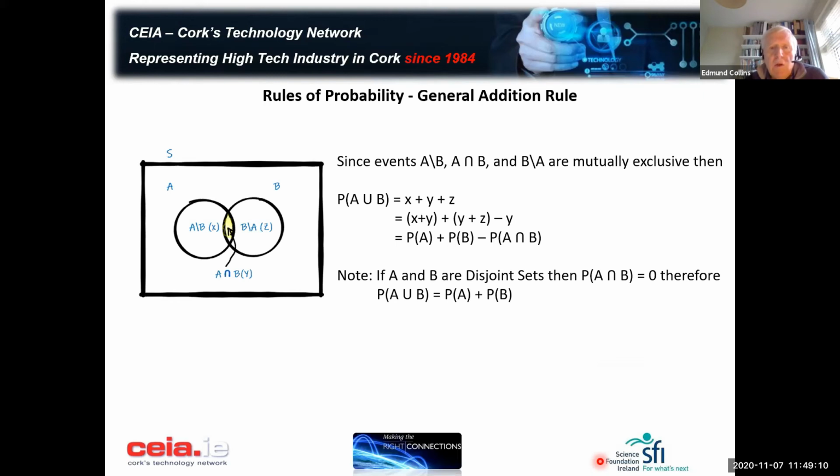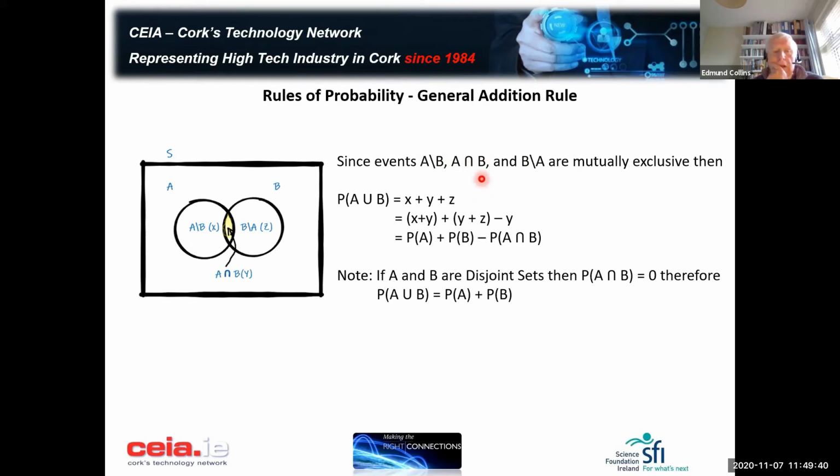Again, there are some designations used here. A \ B means A, not B. And obviously we've come across A intersection B, or A and B, and then in this case B, not A.